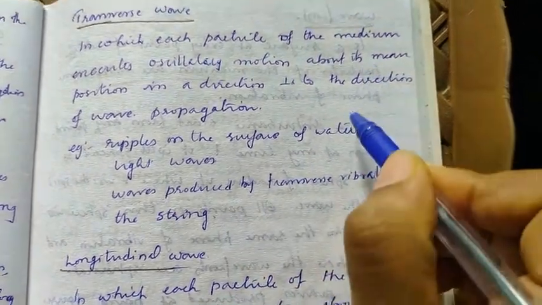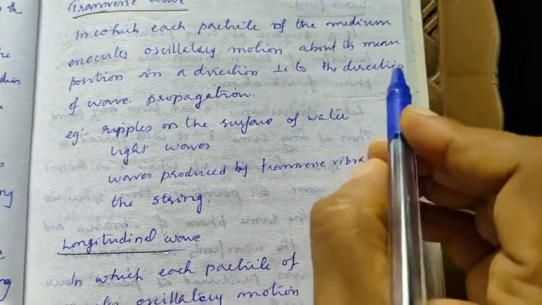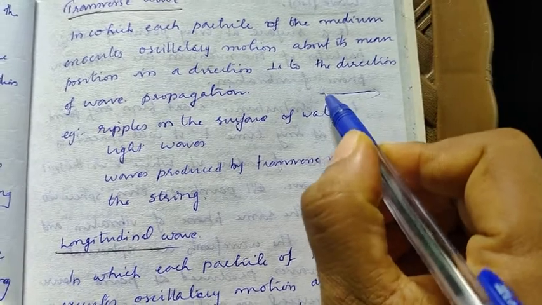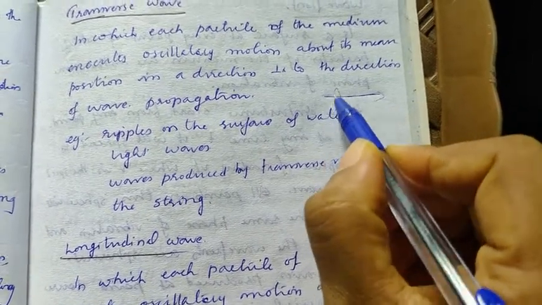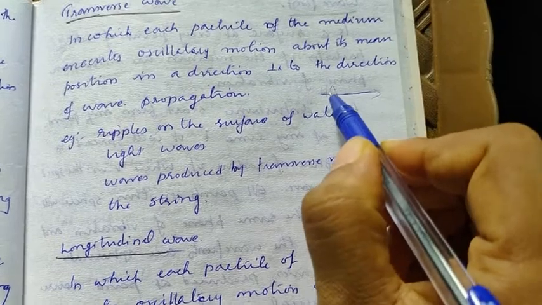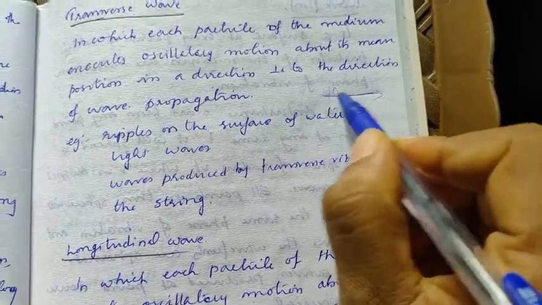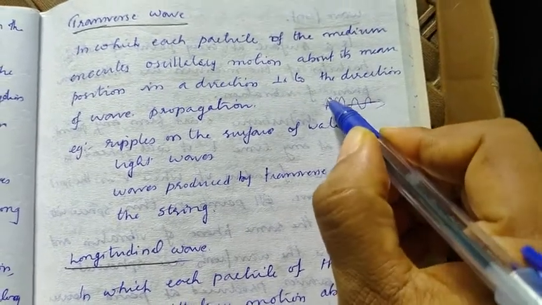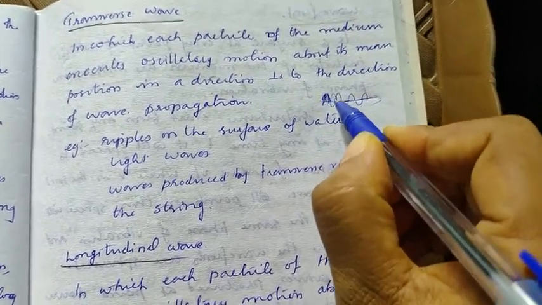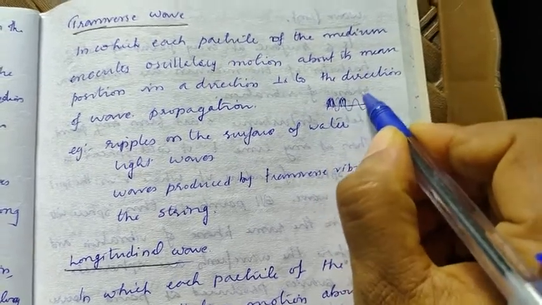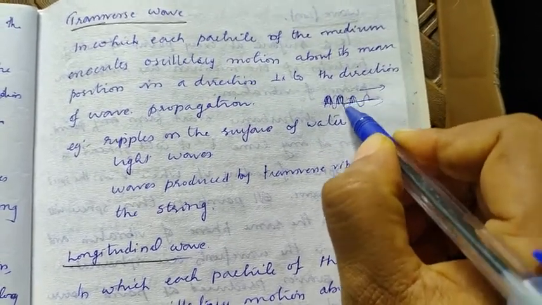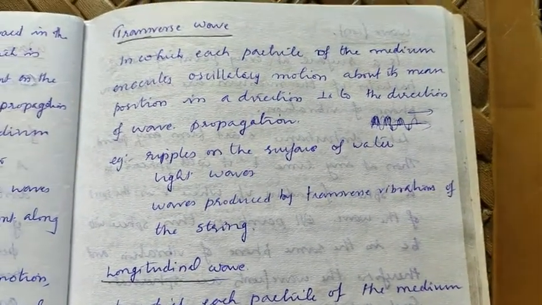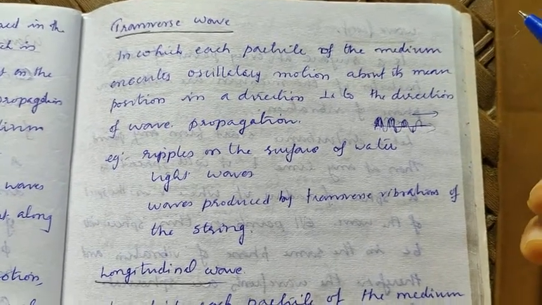That is, if the wave is traveling in this direction, the particles vibrate perpendicular to the direction of propagation. That kind of waves are known as transverse waves.